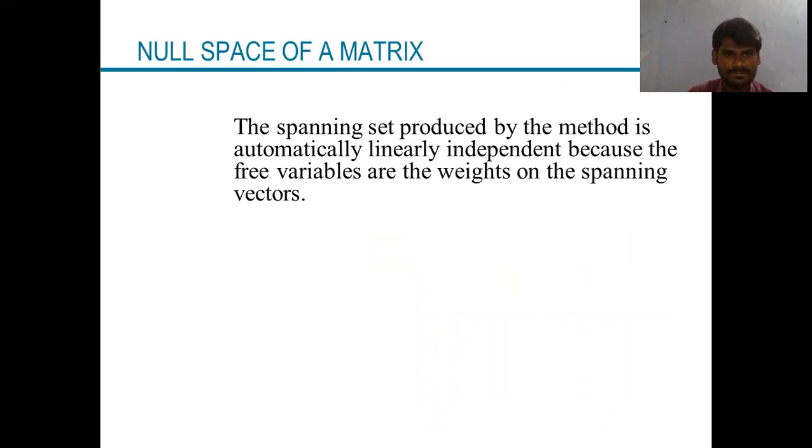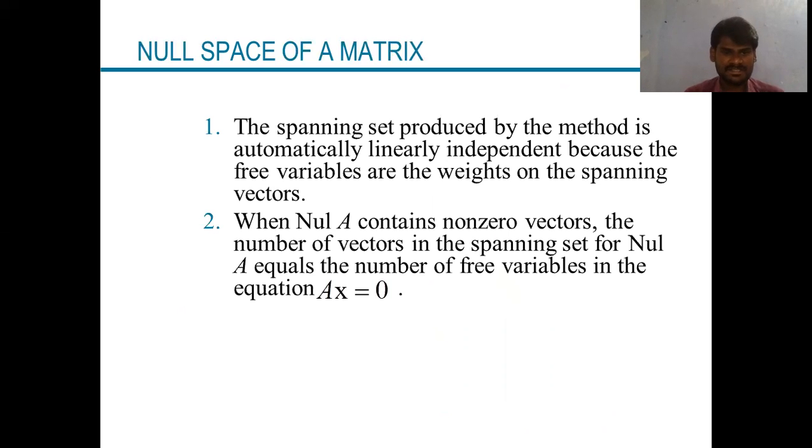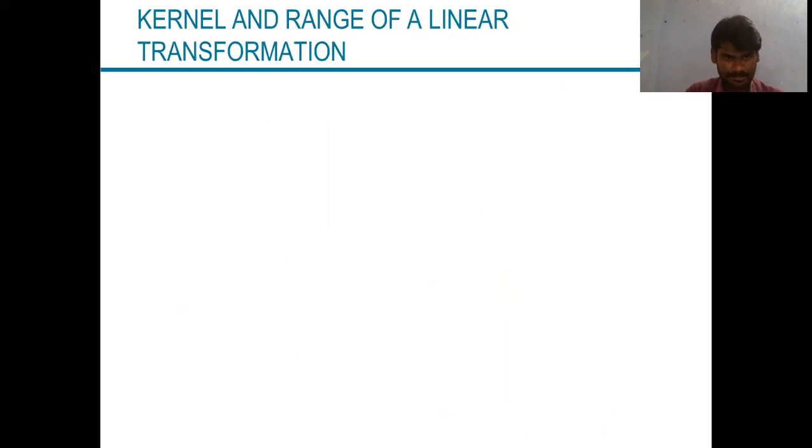Next, the spanning set produced by this method is automatically linearly independent because the free variables are the weights on the spanning vectors. When Nul A contains nonzero vectors, the number of vectors in the spanning set for Nul A equals the number of free variables in Ax equals 0.